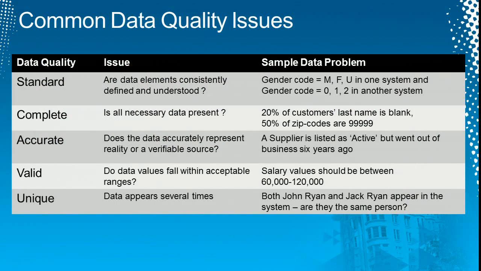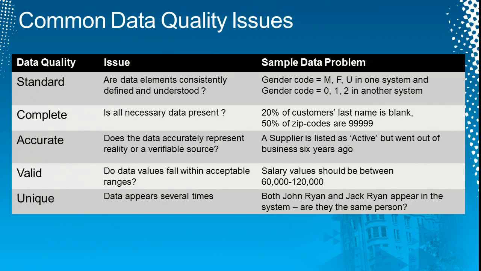And there are a lot of common data quality issues. You know most of them. I integrated two systems together. One had gender code M, F, undefined, and I hope it's undefined and not a third gender. The other had 0, 1, and 2, and now I have inconsistency in my data. I have 20% of my customers' last names blank because they were silly enough to enter the last name in the first name field and have both of them there.